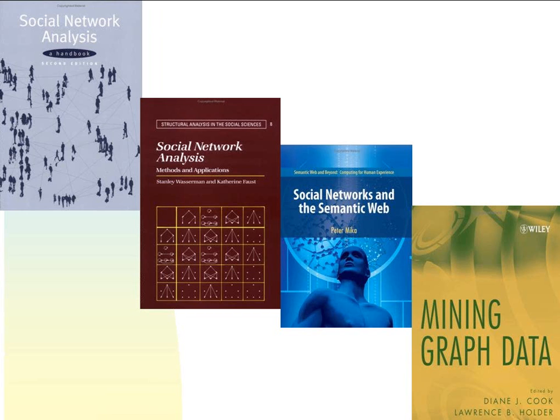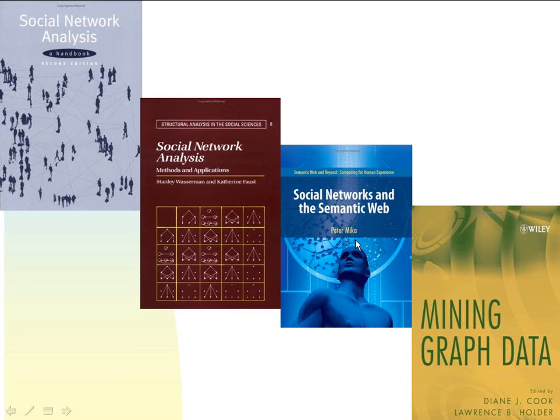Also, there are a lot of books currently about social network analysis. This book on the left, the slightly grey-blue one, is more like a historic overview of social network analysis. It actually started already in the 30s. It was tough work doing graph analysis on paper. This book, the red one, is the Bible of social network analysis. It basically contains almost all the algorithms that you use within social network analysis.